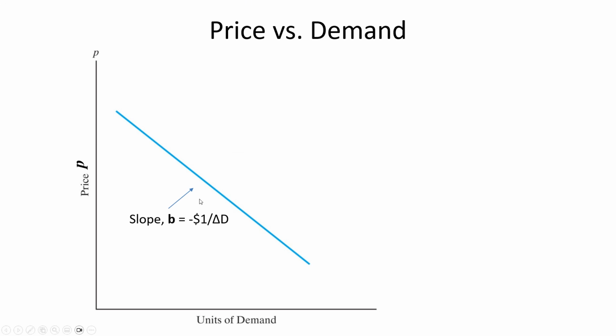This is just the simplest case. It could be curved, but the bottom line is this is showing that if price goes down, price is on the vertical axis, then demand increases. And the slope of this line tells you how much of a reduction in price is going to stimulate how much of an increase in demand.